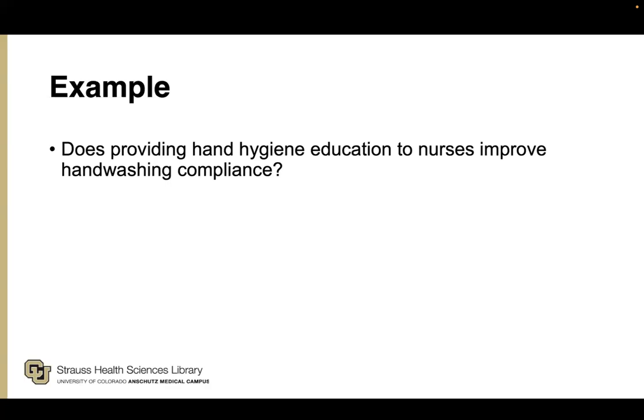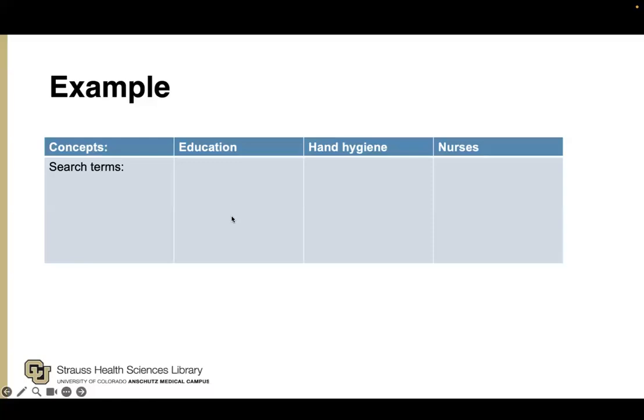When it comes to searching this, the first step is to break it down into its key components. The key components that I identify are: education is the intervention, the topic is hand hygiene, and the population is nurses. So I would recommend searching education, hand hygiene, and nurses.